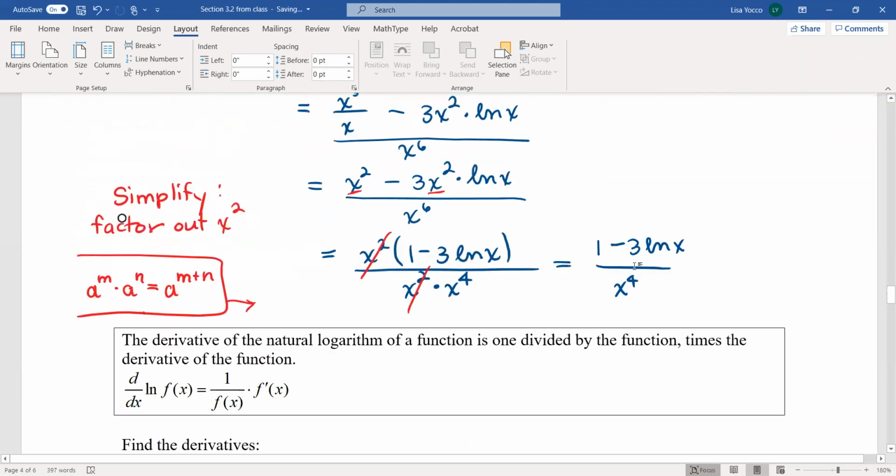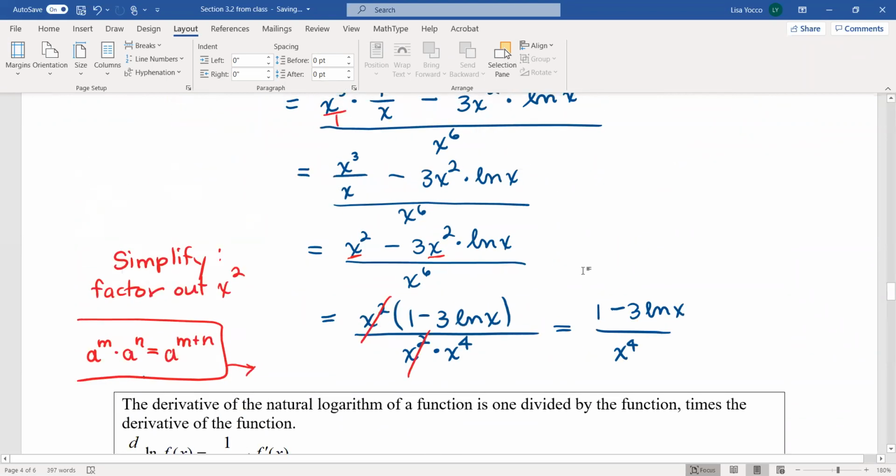The main reason that you need these things simplified would be if you're using the derivative to find critical values, if you want to see where your function is increasing or decreasing, relative max and min. That's the purpose of simplifying.